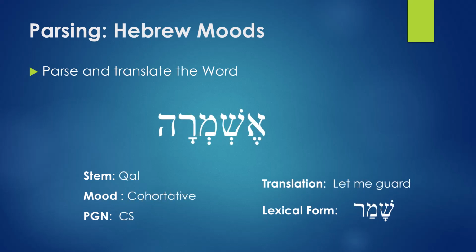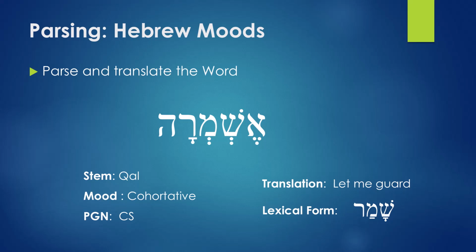We have the next one, eshmera. You can tell that the prefix and the a ending tell you it's cohortative. And cohortative in common singular is translated as let me. On gender and number, you have common singular. The mood is cohortative. Now for the stem, throughout this course, stem throughout Hebrew 1 will always be qal.